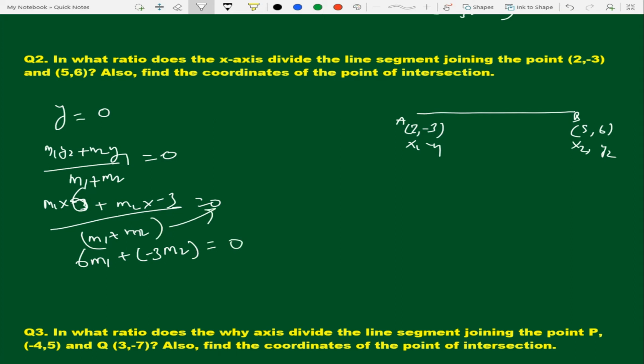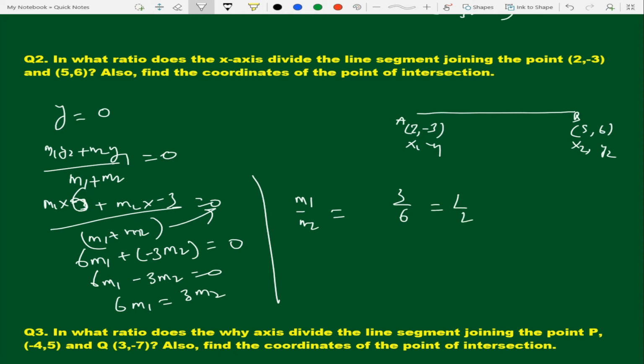So 6 m1 minus 3 m2 equal to 0. So 6 m1 will be 3 m2. Now m1 by m2 equal to 3 by 6, so this is 1 by 2. Means the x-axis divides this line segment in the ratio 1:2. This is the first answer.